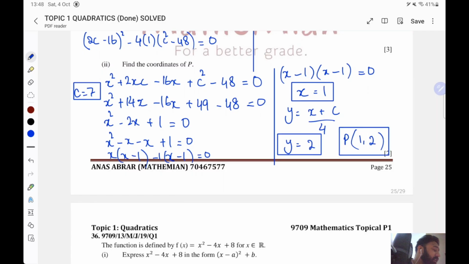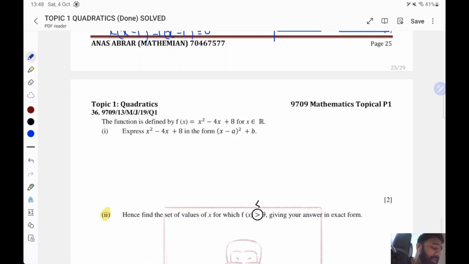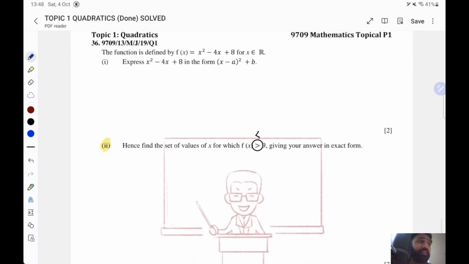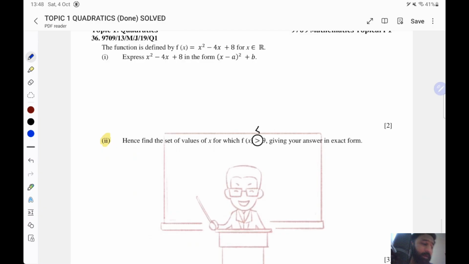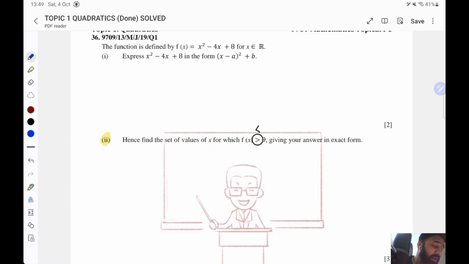Let's move to the next question. Question number 36, May June 2019, question number 1, paper number 13. The function is defined by f of x for all set of real values. Express it from standard form into completed square form.